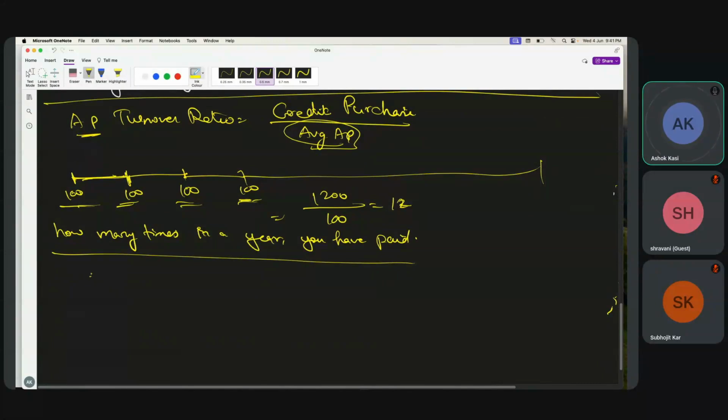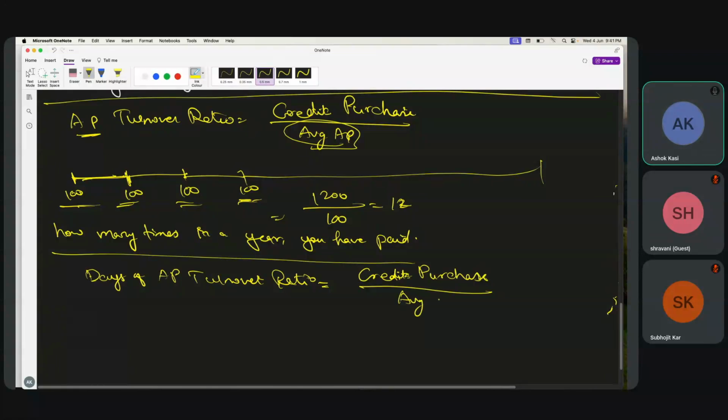So that will be days of accounts payable turnover ratio, which is equal to 365 divided by the average accounts payable turnover ratio.